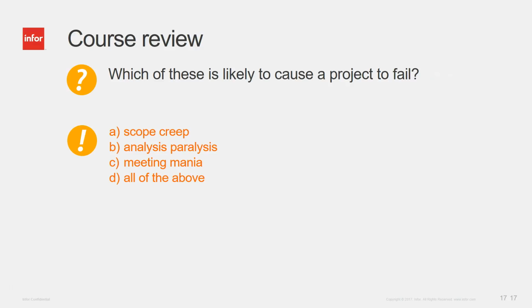Meeting mania, where you meet just to set up a meeting, and you meet after the meeting, you meet to schedule meetings. Too much meeting will reduce morale and can cause a project to fail. It also reduces the actual accomplishments because you're spending all your time meeting. So scope creep, analysis paralysis, and meeting mania, all of those will cause a project to fail. The answer to this one is D, all of the above.